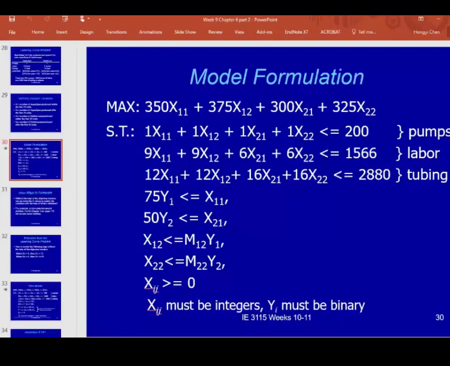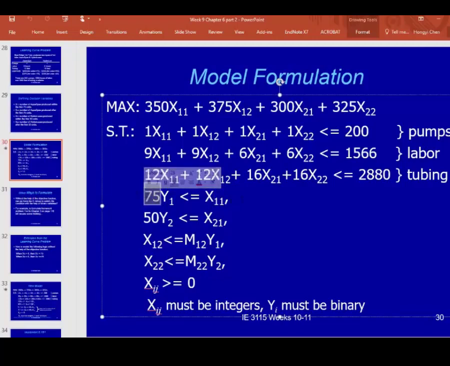So the first one is for the first decision variable in the aqua spa group. The aqua spa needs to be greater than or equal to 75 multiplied by this Y1. And if we look at the 75, we can interpret it this way. This is the minimum volume that the production of aqua spa has to reach before the company can reach the next level of the higher profit.